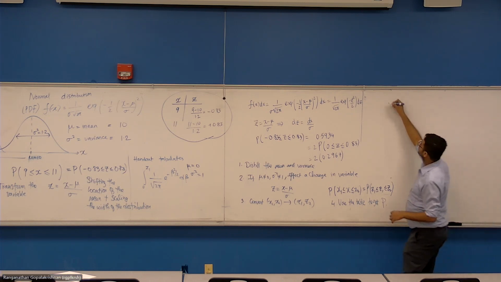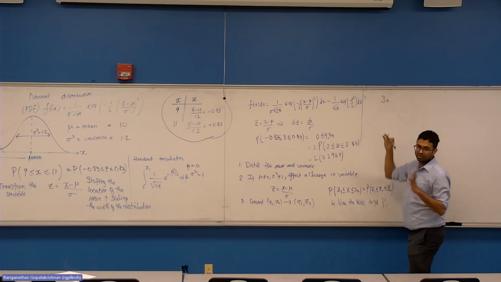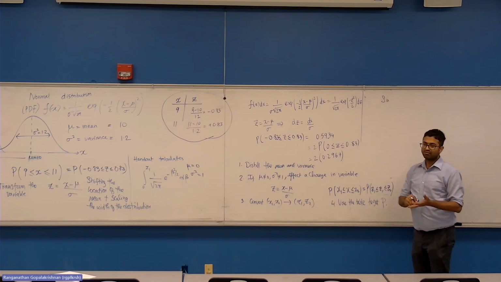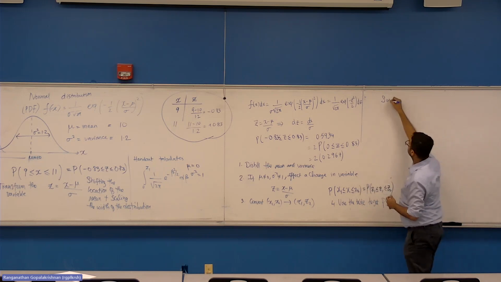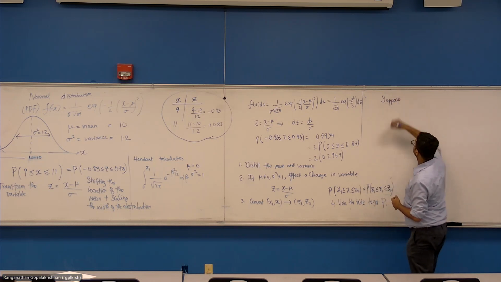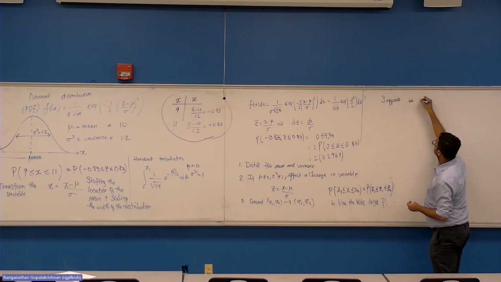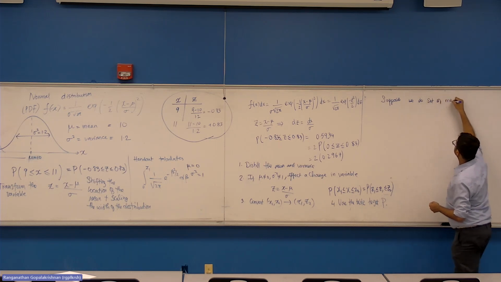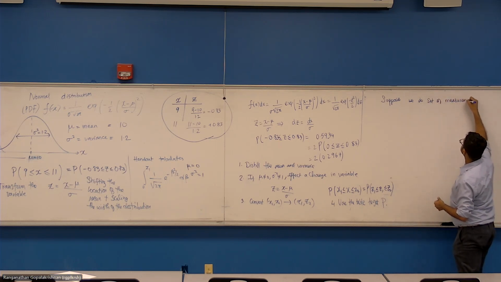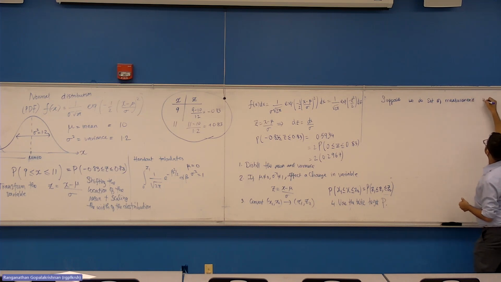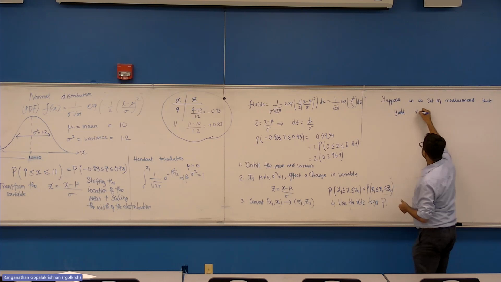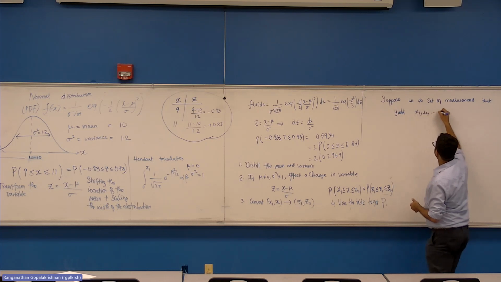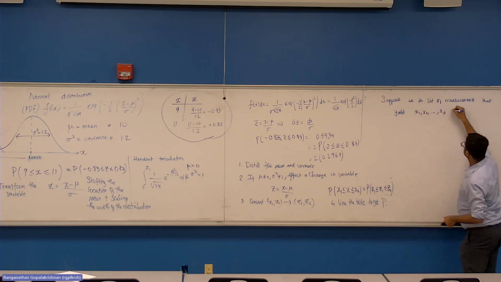Suppose, we don't stop when things get easy, right? We invent new problems. The next step in that: suppose we do a set of measurements that yields x1, x2, and so on, xn values.